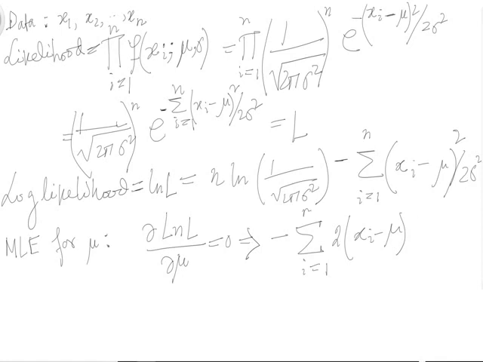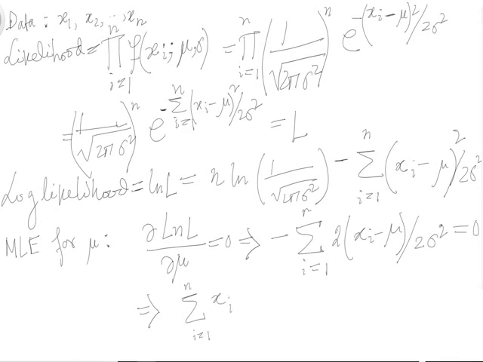For that we have to take the partial derivative of the log likelihood with respect to mu and set it to 0, since this is going to be a maximum point or critical point.